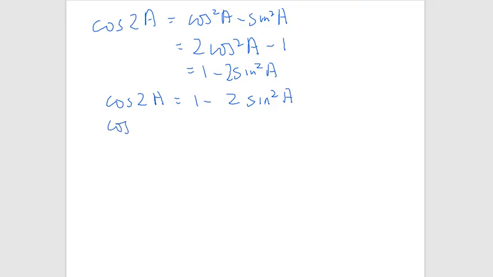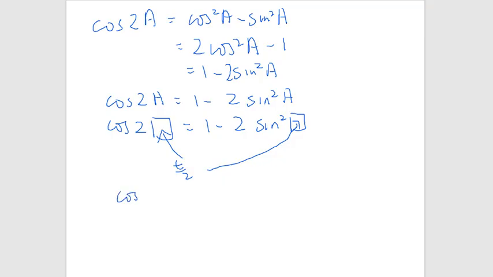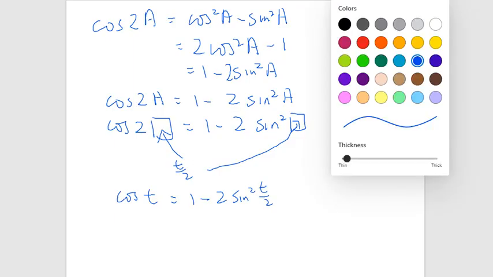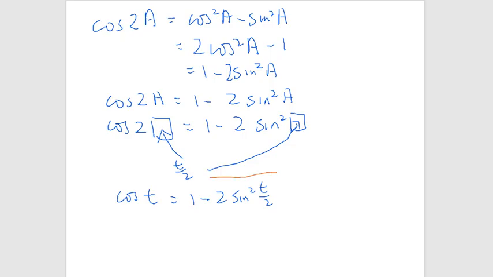Take it as cosine 2 times box equals 1 minus 2 sine squared box. If you fill in t/2, then cosine 2 times t/2, which is t, is 1 minus 2 sine squared t/2.